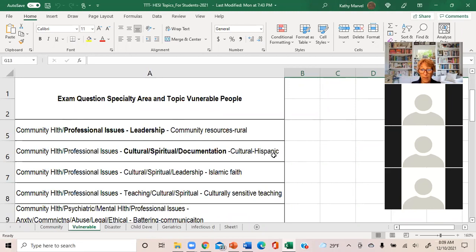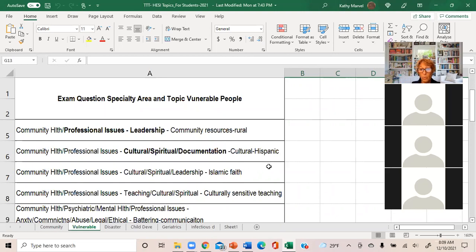Here's cultural Hispanic. So obviously there were questions about the Hispanic culture. I don't know if that was language or space or presentation of conversation, and also Islamic faith.